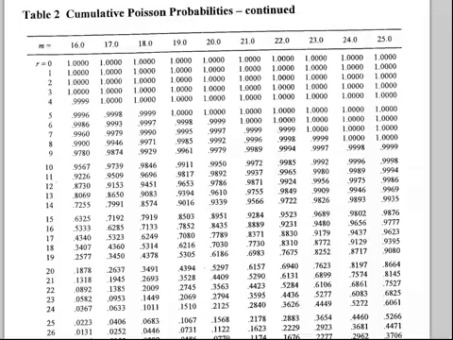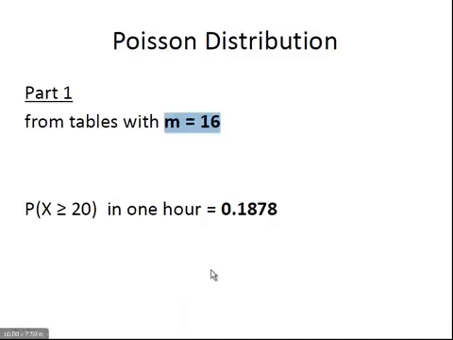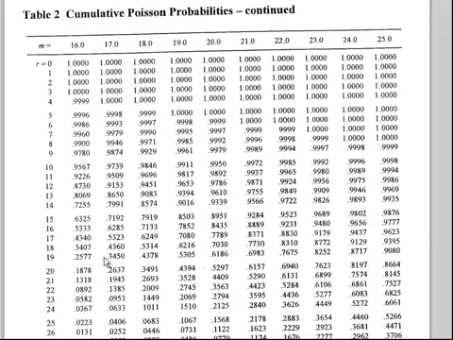Now what are we looking for again? 20 or more, so we're looking for the probability of 20 or more. So we go around here, and the probability of 20 or more is 0.1878. That's the probability of 20, 21, 22, 23, 24, and so on. So the probability of 20 or more is 0.1878. So that's the first question.